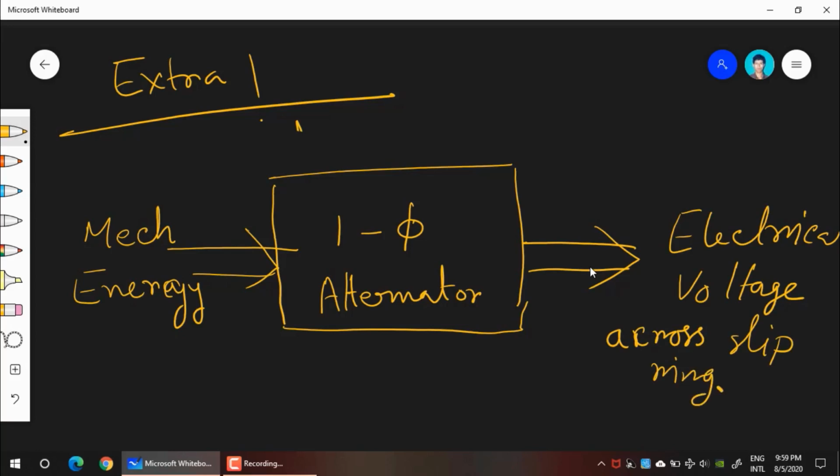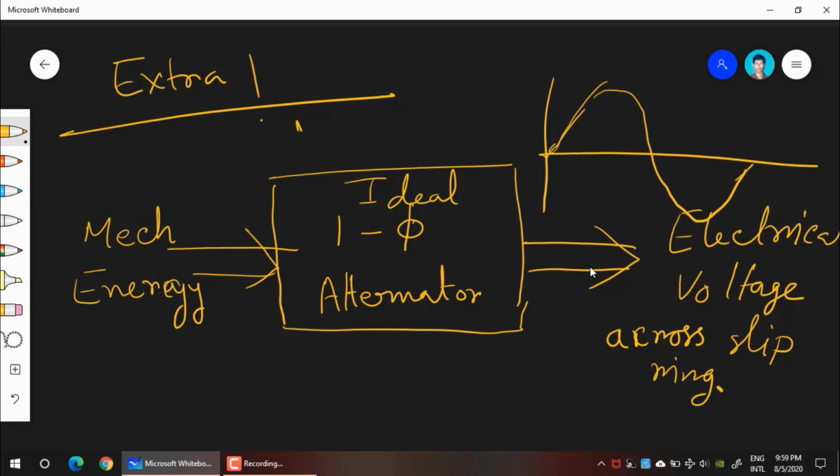If you assume that this alternator is ideal, then you should get a perfect sine wave voltage here.